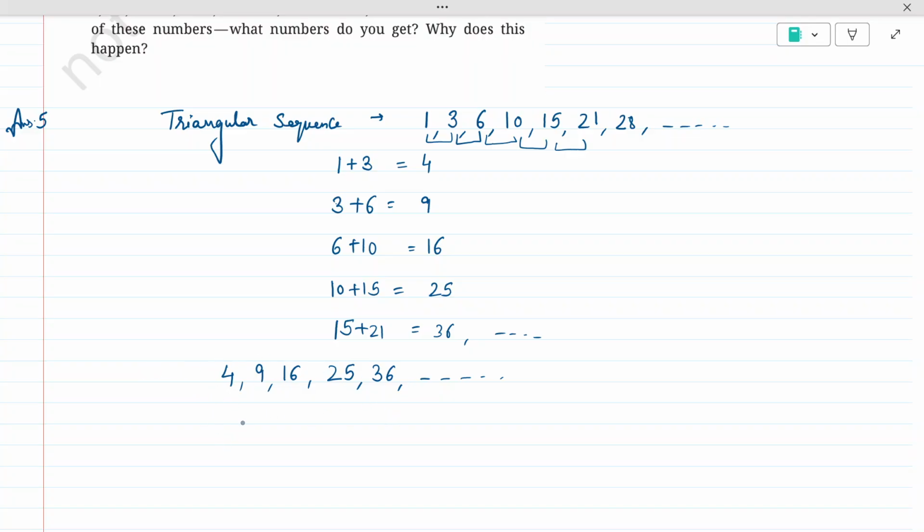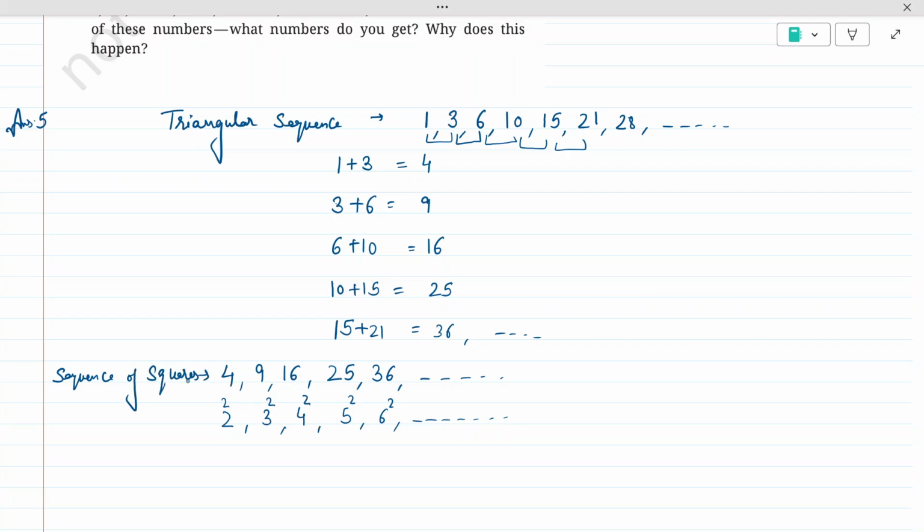This is nothing but the sequence of squares. 4 is 2 squared, 9 is 3 squared, 16 is 4 squared, 25 is 5 squared, 36 is 6 squared, and if we add up more consecutive pairs of triangular numbers, we will get more square numbers. So this is a sequence of squares.